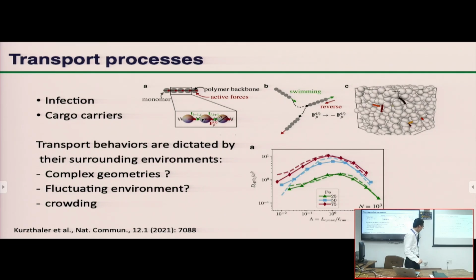Essentially, you have here a few particles. Each of them is active. There's an active force pointing to the right on each of these beads. So this whole thing has an active force on it, so it moves around just like the active Brownian particle, except that it's not one, it's a few connected together.